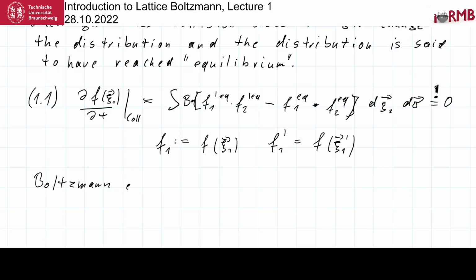Boltzmann defined a strange function that will only become clear after some calculations, a function H. So H of t, to help identify the equilibrium.